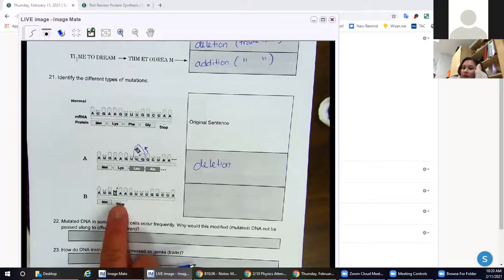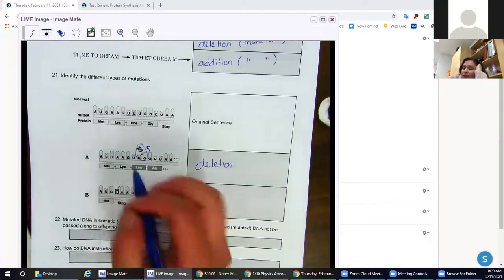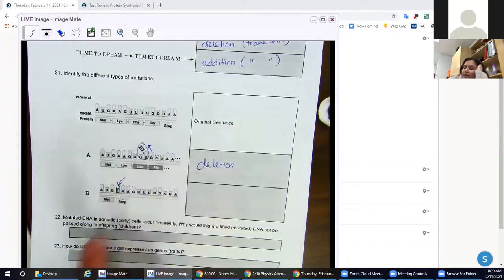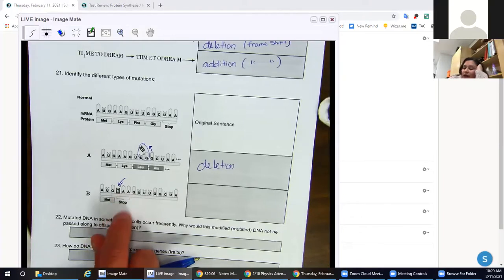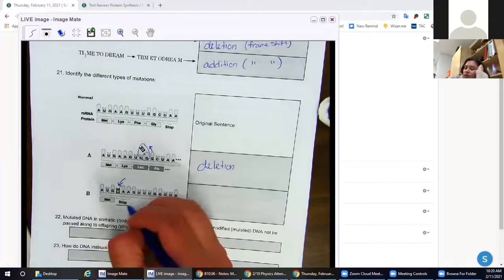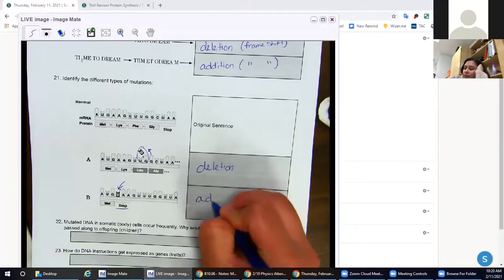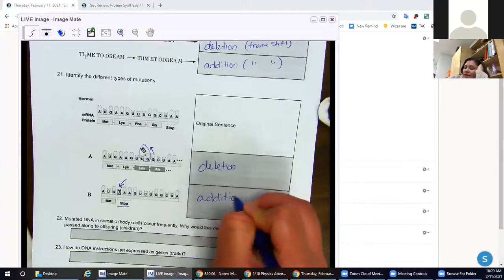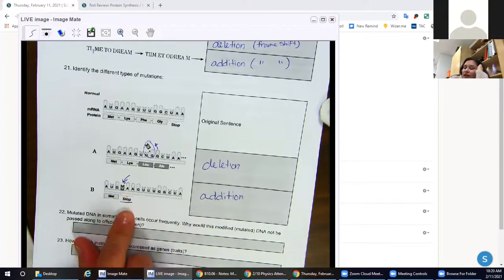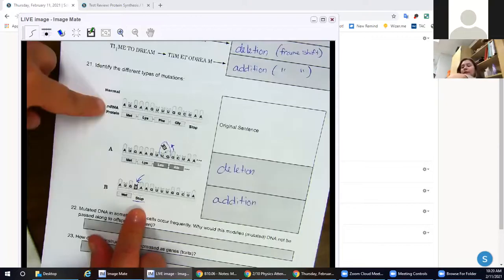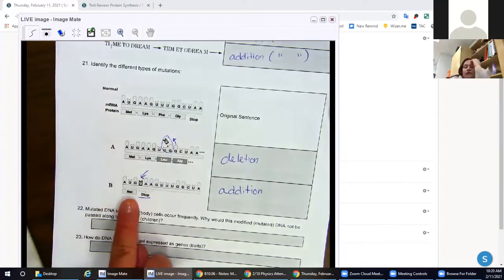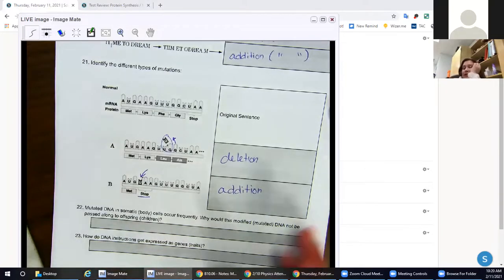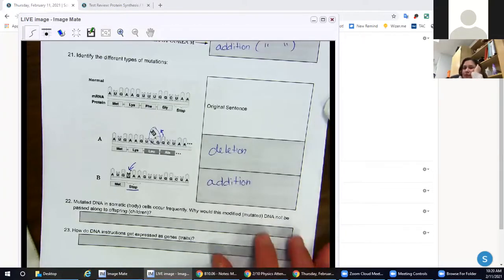Then on B, again, I don't know if you can see that arrow, but it's pointing in. It's adding in that extra U, and it's causing it to read UAA, which is stop. So this is addition. And just because it added that one extra letter, it's stopping that protein from being made. So instead of having a strand of amino acids, you just have one. So that protein is not valid. It's not useful. We can't use it.